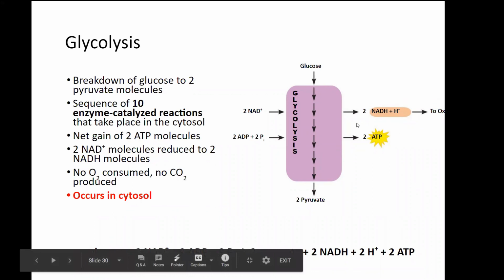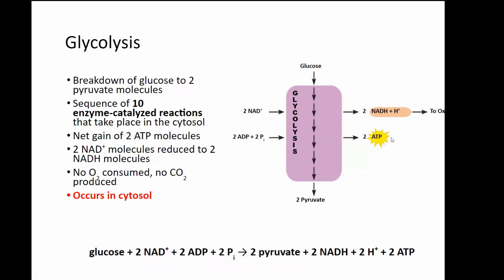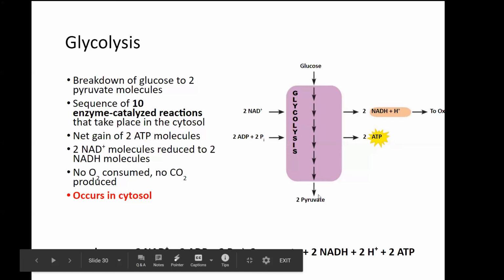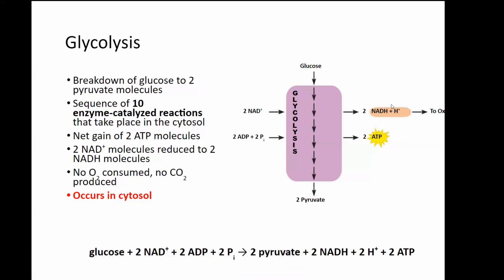I do want you to know that we make 2 ATP during glycolysis, but the rest of these numbers aren't that important, except for one exception. Once we split glucose into 2 pyruvate molecules, we've split a molecule in half. So everything further from this step is running in parallel, basically.